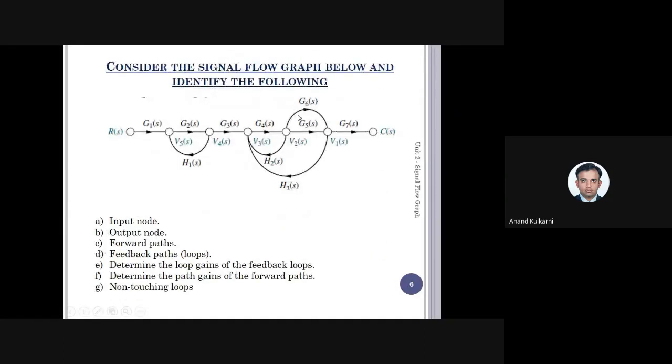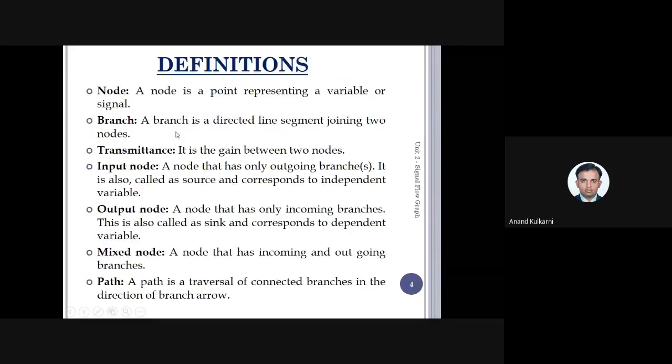This is one branch, this is one branch, this is one branch. So the lines which are joining the two nodes are called the branches. The nodes are the points which are represented in the signal. If these two dots are connected by a line segment, that is called a branch.